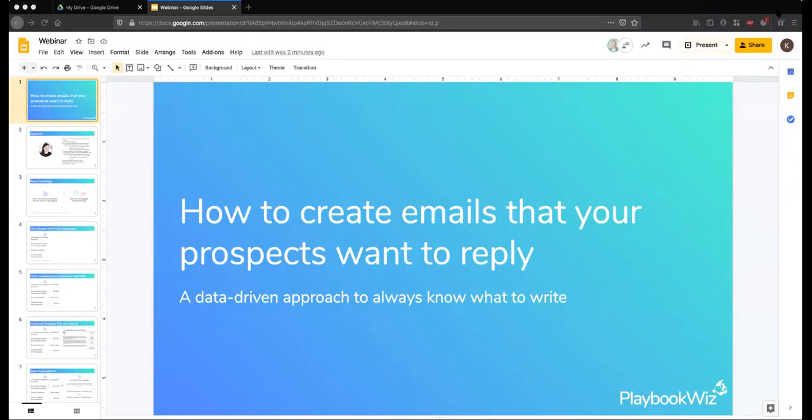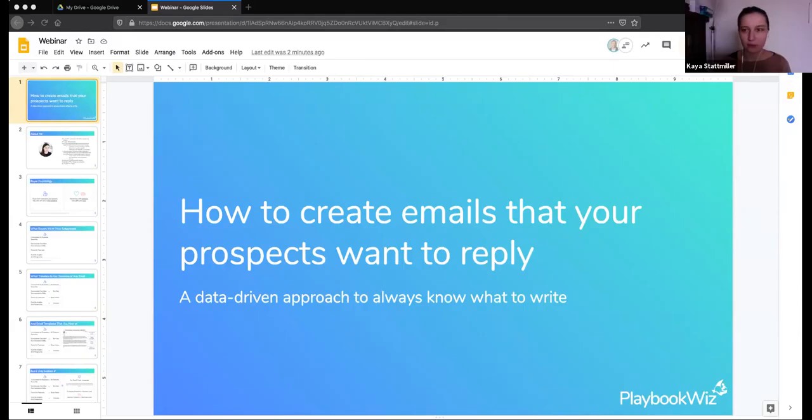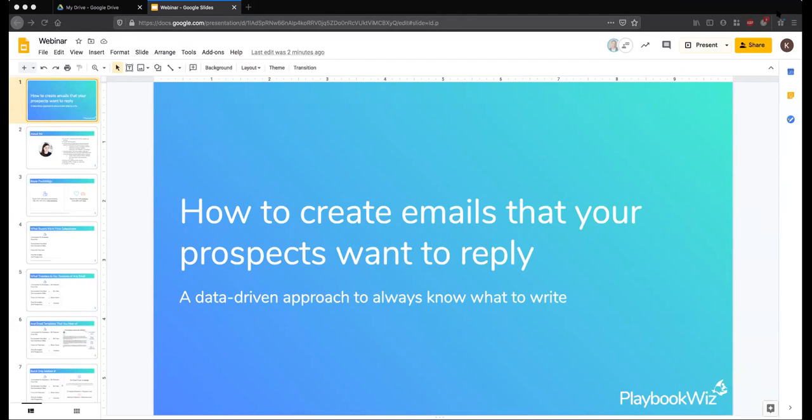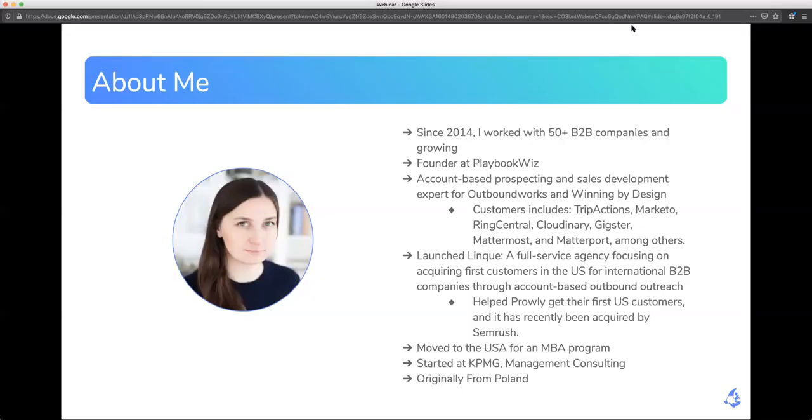I have a question. Which slide are you on right now? On about me, or okay, no. We still see the title slide. If you're using presenter mode, you have to share the presenter mode, not the browser window. Oh, okay. Sorry about that. Can you?